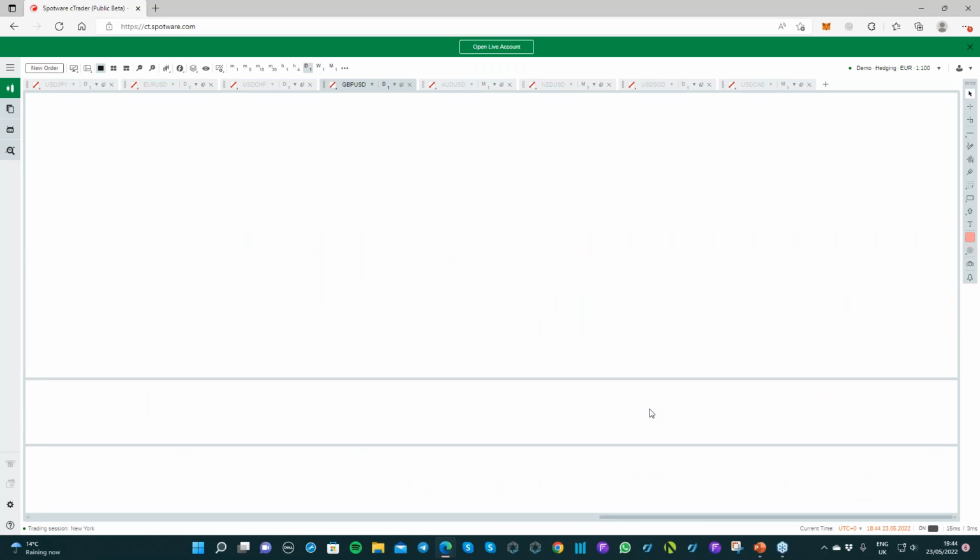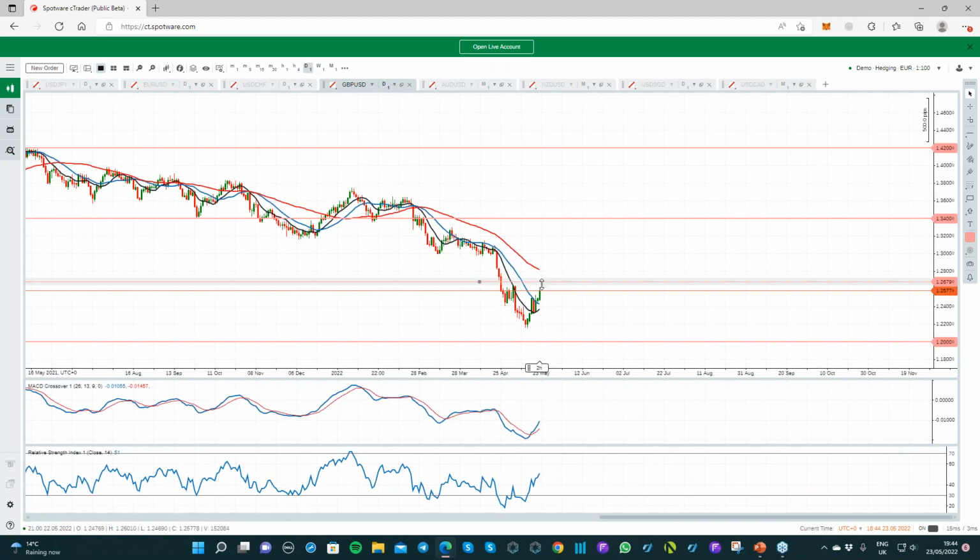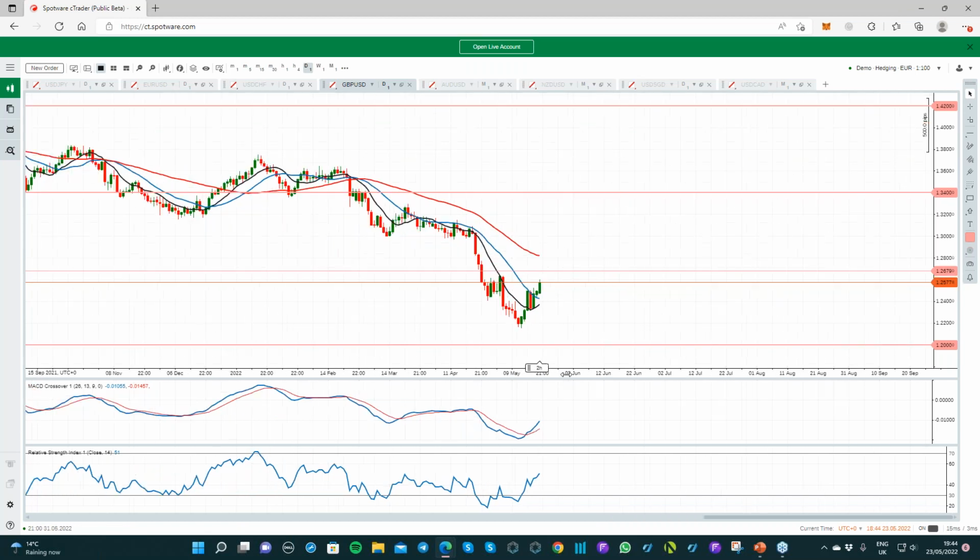So on the daily time frame, that is, it looks very similar to the euro, and pound often does look similar to the euro. So this horizontal level here, that's where I would be looking potentially for price to bounce and return to the downside. It doesn't look as nice as the euro, because there's nothing else.